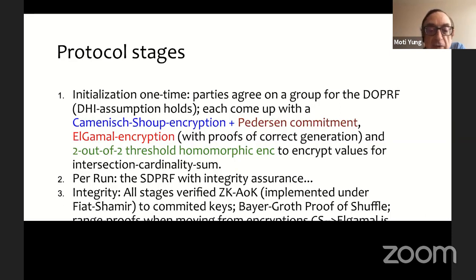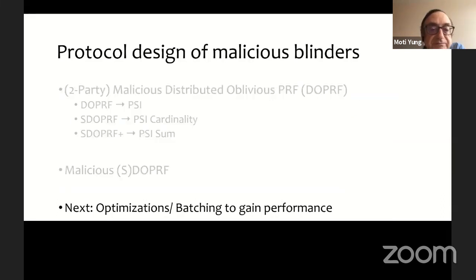And at some point, we move an encryption from the Kamenisch-Schupp to El Gamal, and they all need proof of knowledge, and these are very interesting in themselves, but they are specializations of known techniques. And this is the way we achieve the first version of the symphony with all these components.